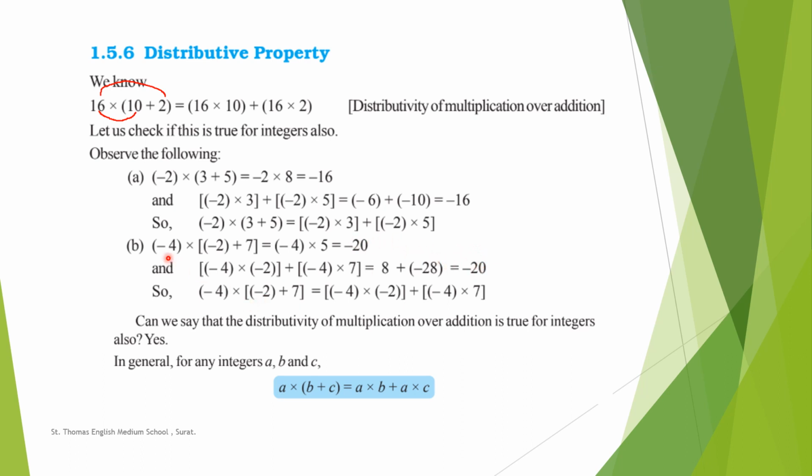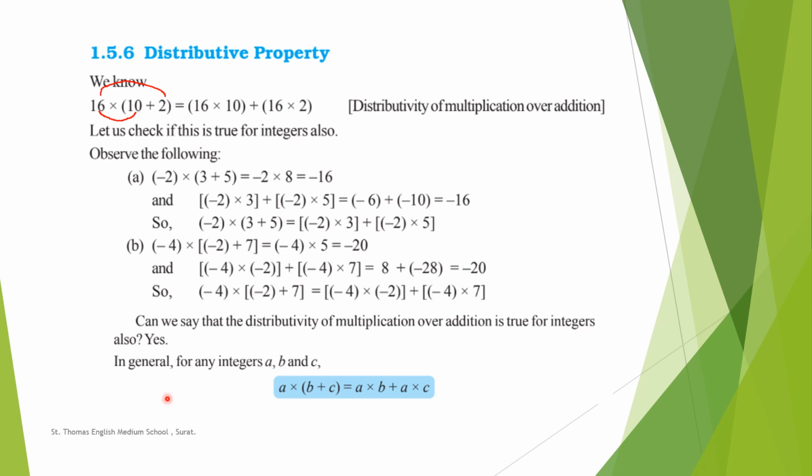So what we can say, minus 4 multiplied by minus 2 plus 7 is same as minus 4 multiplied by minus 2 plus minus 4 multiplied by 7. Can we say that the distributivity of multiplication over addition is true for integers? Yes, because we got both answers are same.